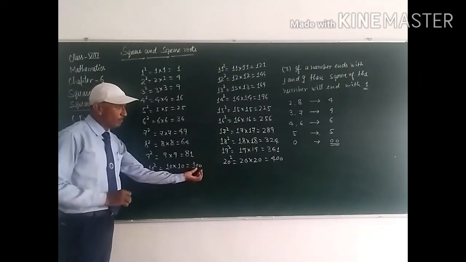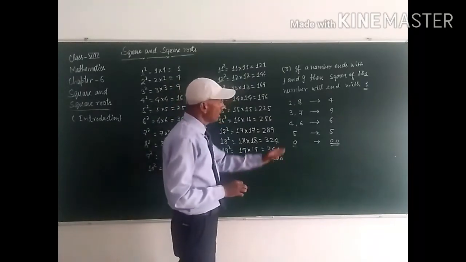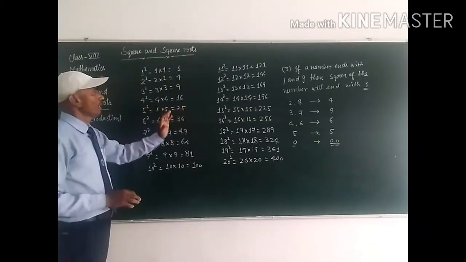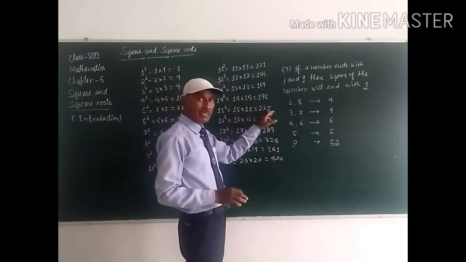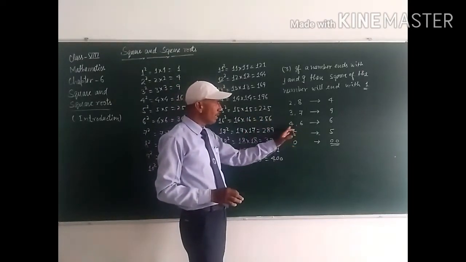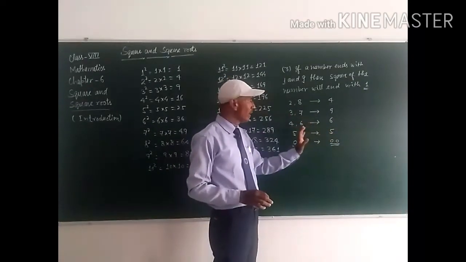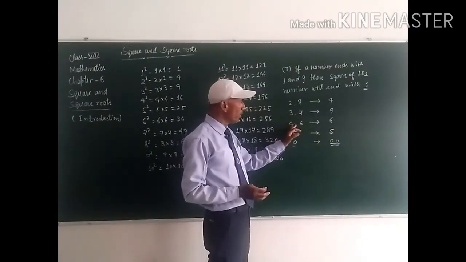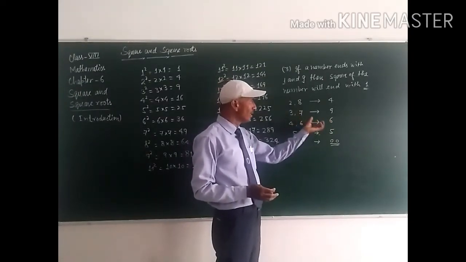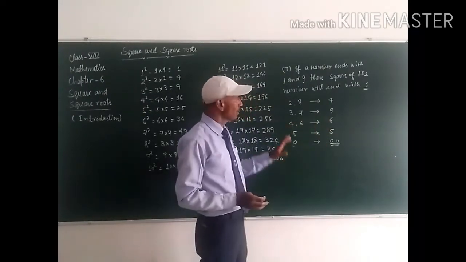So 0 is in pair, student. 20 square, 0 is in pair here. And this one, 5, square of 5 ends with 5. Square of 15, it ends with 5. Clear, student? So if the unit digit of any number is 5, then its square's unit digit will be 5. If the unit digit is 4 and 6, then in the square of these numbers, the unit digit will be 6.